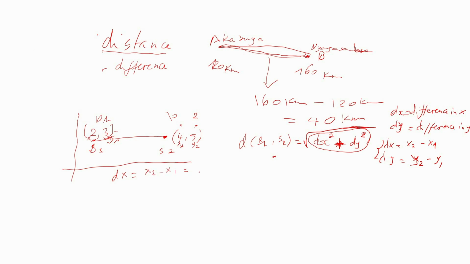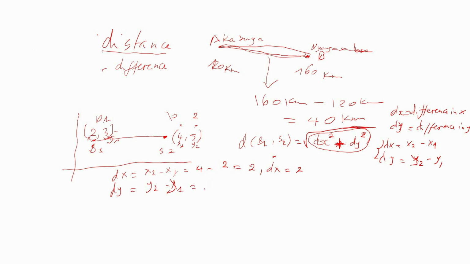Maintain differences. Then after getting the differences here, I will square each. This is dx squared plus dy squared, then square root. Listen carefully.